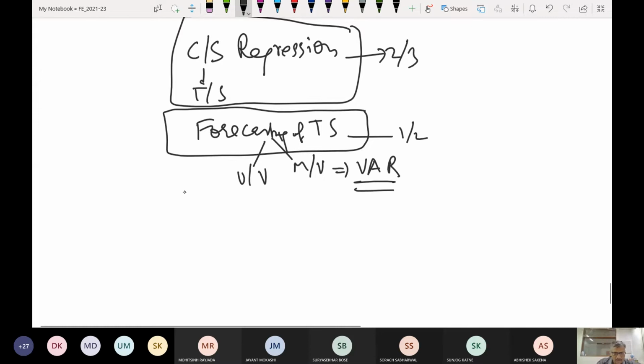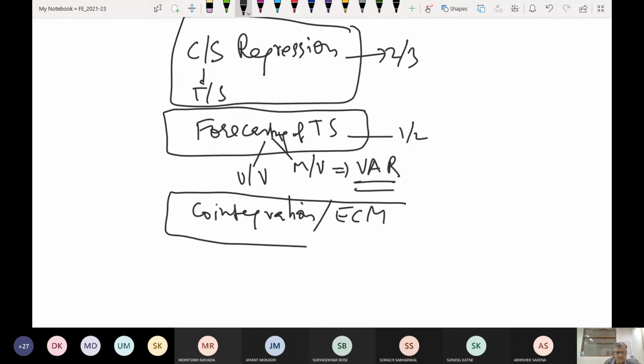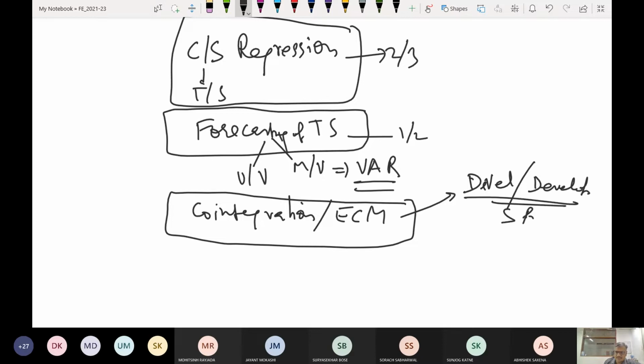And then we have a typical application of long-term association, which we call co-integration. We'll talk about co-integration, and then something a little more advanced, error correction models. Very interesting long-term association: let's say I'm talking about how developing versus developed economies' stock prices have long-term association.